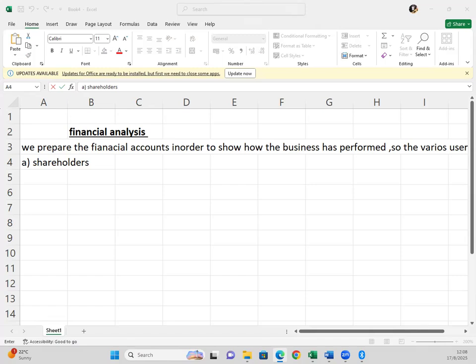So when we give feedback to the directors on how the company is operating, we don't just go and tell them verbally. We provide the financial statements to them.